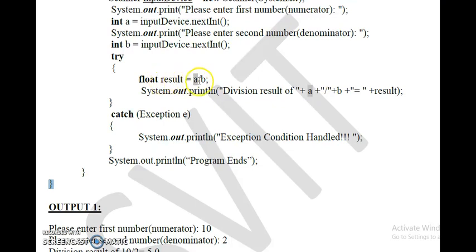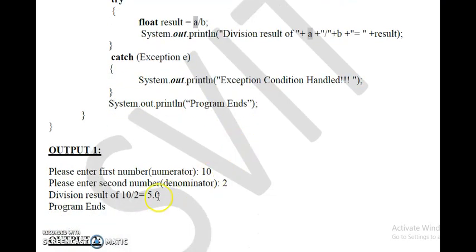Result is a by b, 10 by 2, and it prints the result as 5.0. It enters the try block and finds that it does not raise an exception. Hence it ignores the execution of the catch block, then jumps to the next line after the catch block, which prints program ends. The output looks like this: enter the first number, second number, the result, and the program ends.